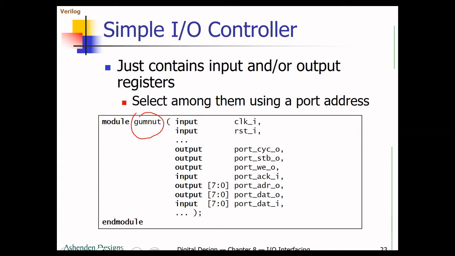So here, for a Wishbone interface, there will be signals called clock. Of course, any bus will have a clock and reset. These are the common inputs of any digital circuit.